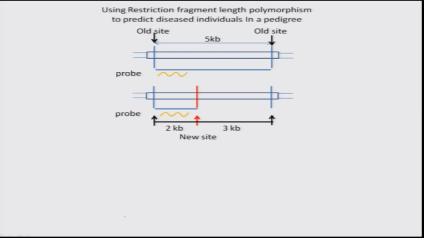But if there is a polymorphism occurring in this gene in some population or in case of a disease, then it might introduce a new site into that gene. So now when this gene is digested with these 2 restriction enzymes, apart from generating a 5 kb band upon a partial digest, it will also lead to the generation of 2 other bands on a full digestion, one of 2 kb and the other of 3 kb.